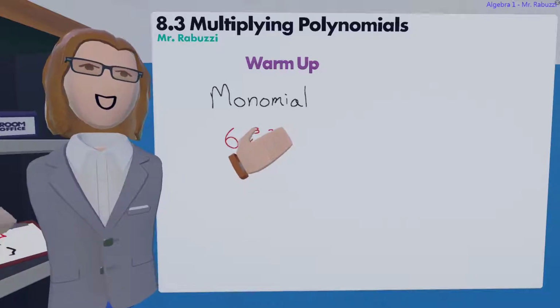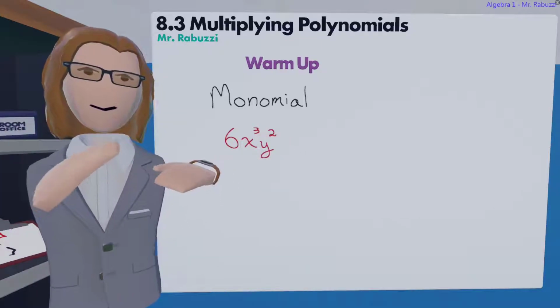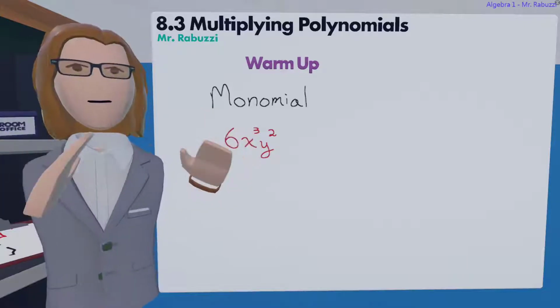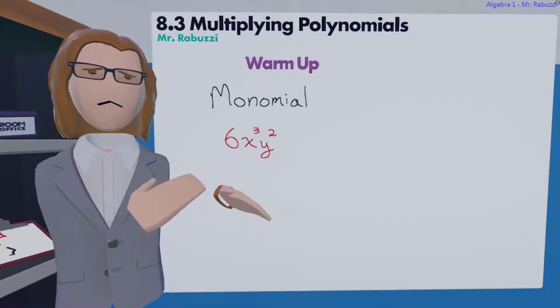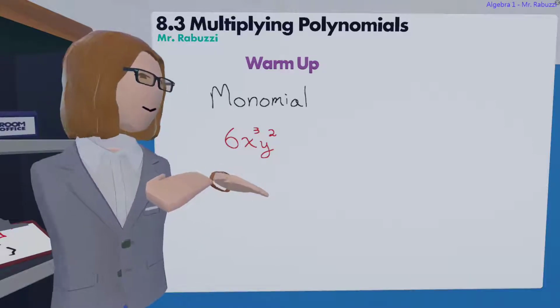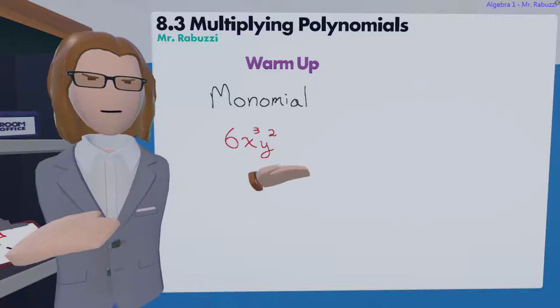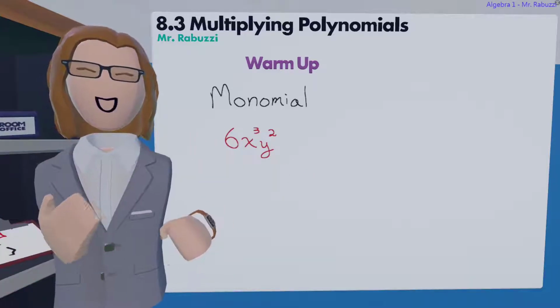But today we're going to multiply two polynomials together, which is more tricky, but it's the same ideas from 8.2. So if you learned chapter 8.2, that will help you a lot here. If you want to review, go watch that video again or come talk to me.